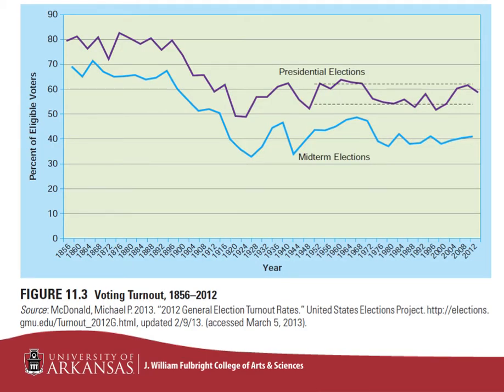As we'll see in this slide, figure 11.3 from the book, from 1856 to 2012, we've seen that it has dropped up until about 1920, and then it has remained relatively stable, with presidential elections certainly having a large proportion of available voters voting, but the midterms to a much lesser extent. So the individuals who are much more likely to vote are the ones who are oftentimes much more polemic and extreme in their political views at the legislative level.